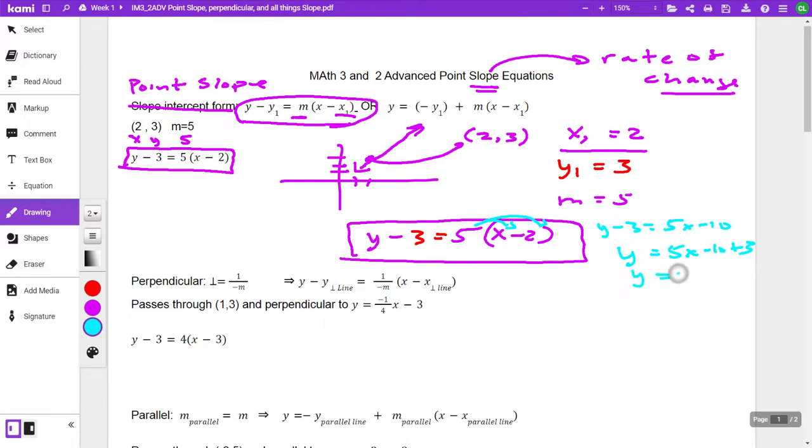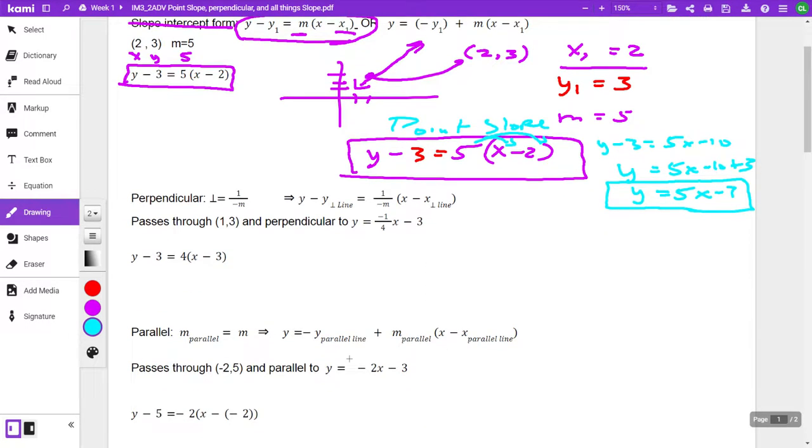And my final slope-intercept form, if they ask for it, is this. So here's my point-slope equation. And then I just solve for y to get to my slope-intercept equation. So we're just kind of working our way through that.